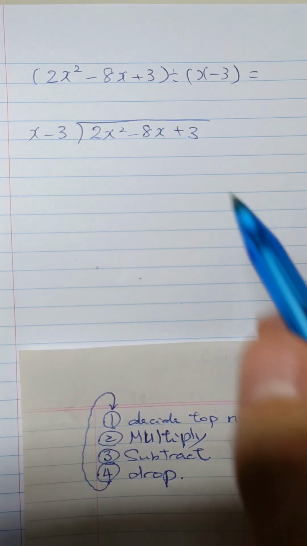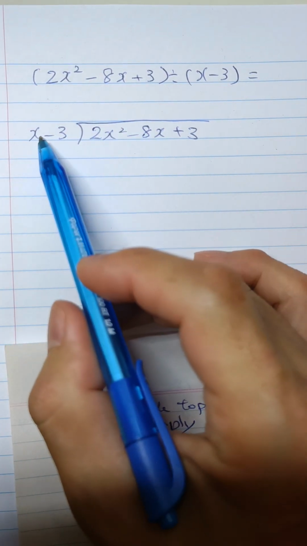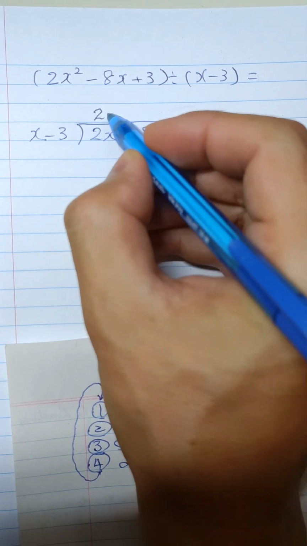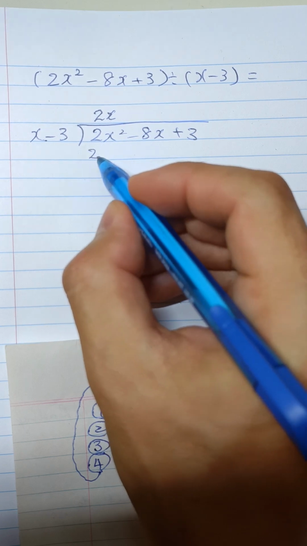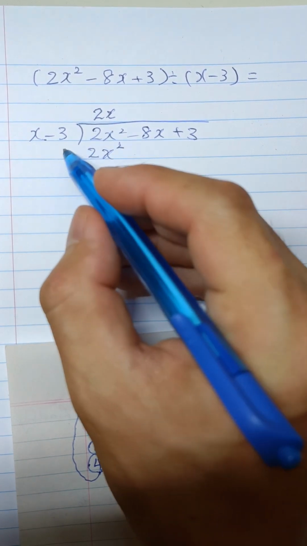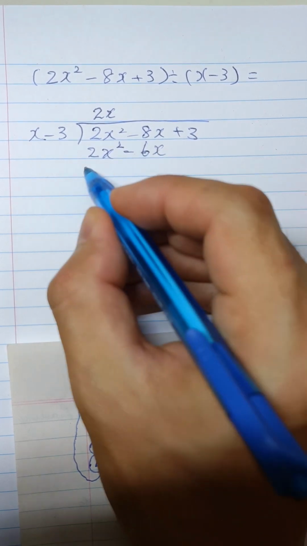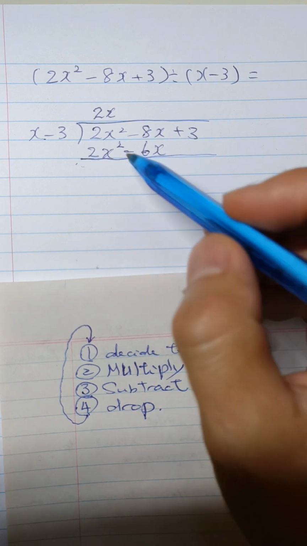Right, next one. Do the same thing. So decide the number here. x times what gives you 2x to the power of 2? 2x, isn't it? So x times 2x is 2x to the power of 2. -3 times 2x is -6x. Then what do you do? Subtract, isn't it?